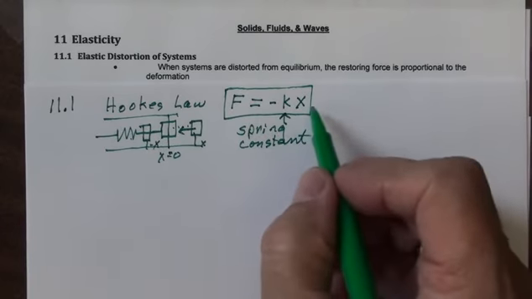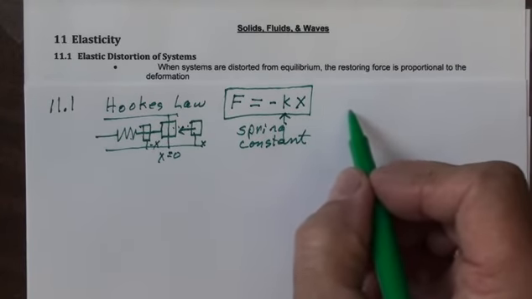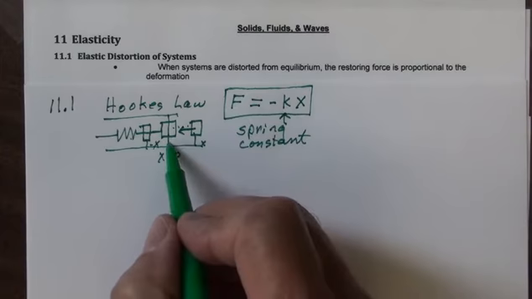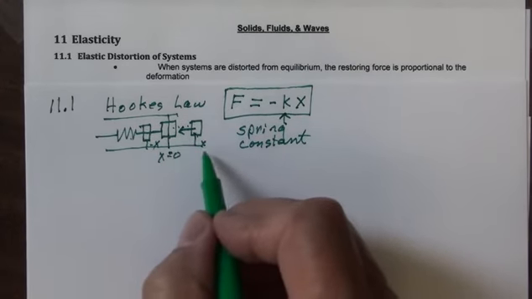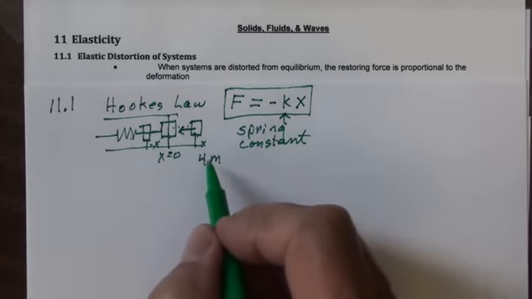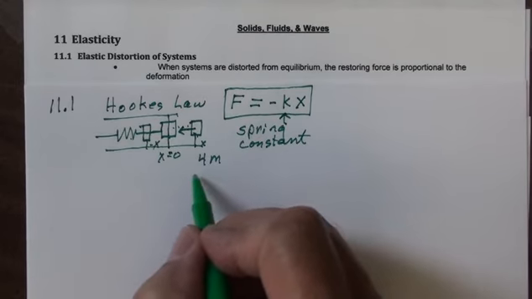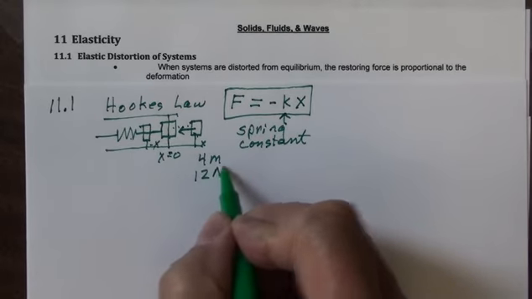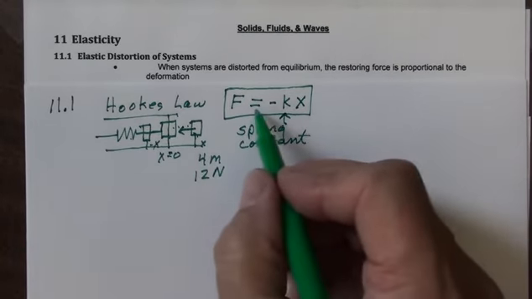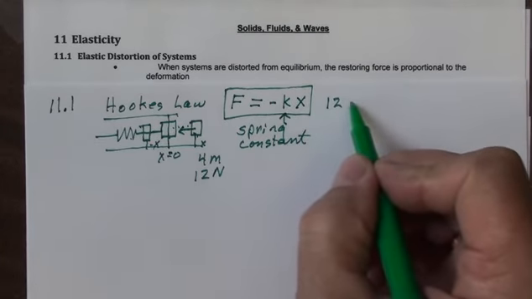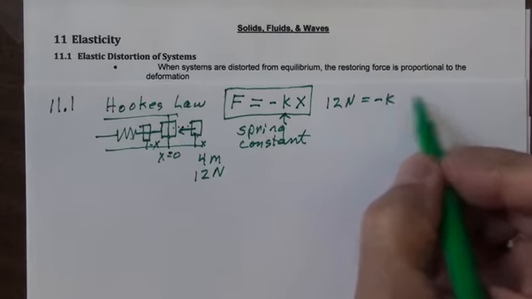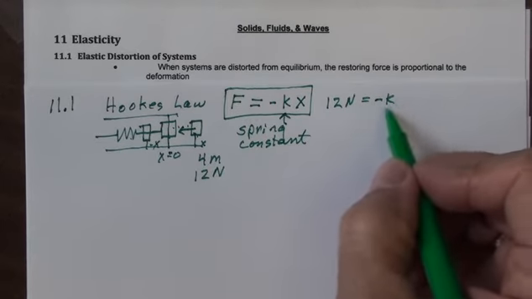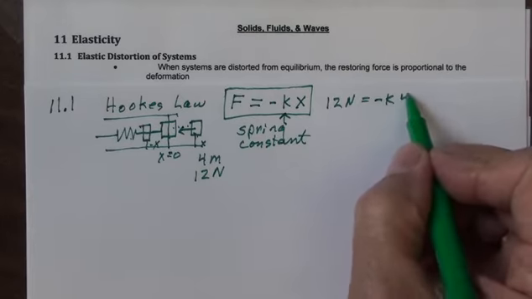For example, we might measure this in the laboratory by saying, let's suppose we take the system, the spring or rubber band, and stretch the system out here a distance of 4 meters. And when we bring it out to a position of 4 meters, we experience a force of 12 newtons. If we do that, then 12 newtons is going to be equal to minus k, or let's just say k, times our distance 4.